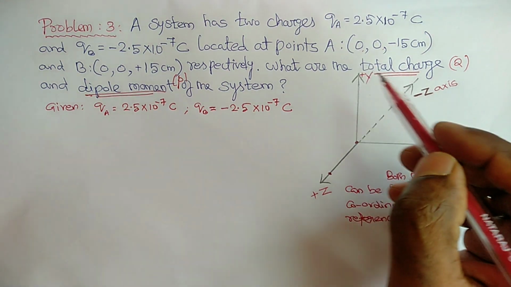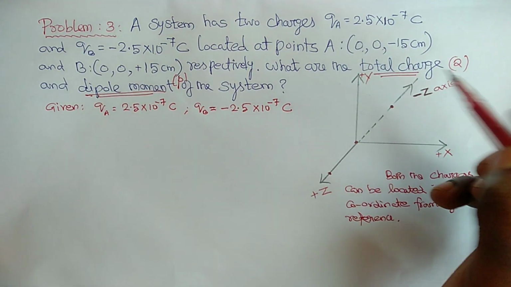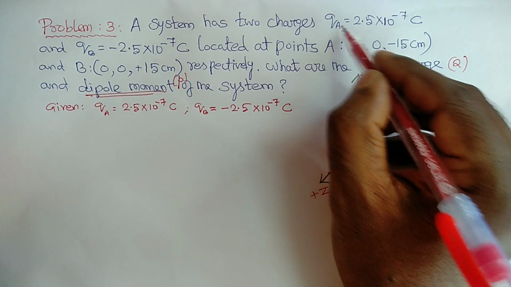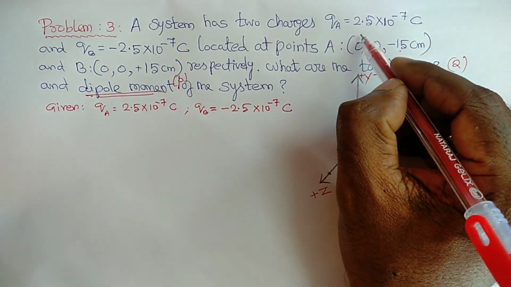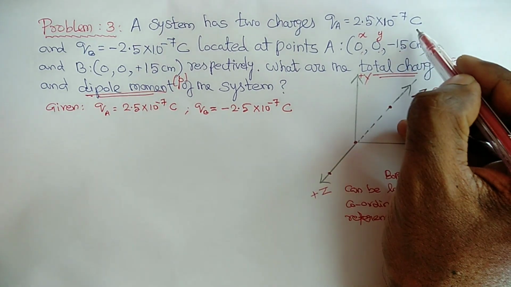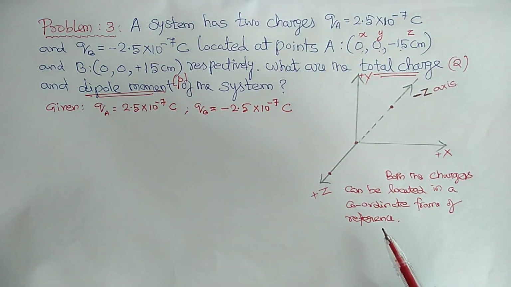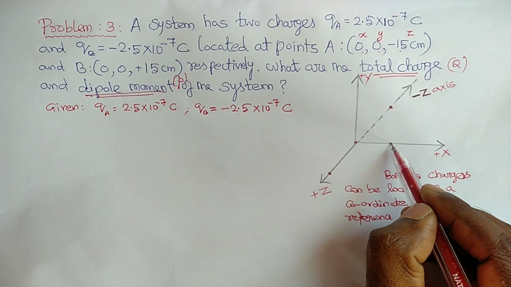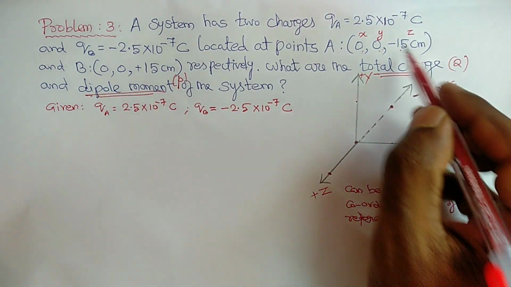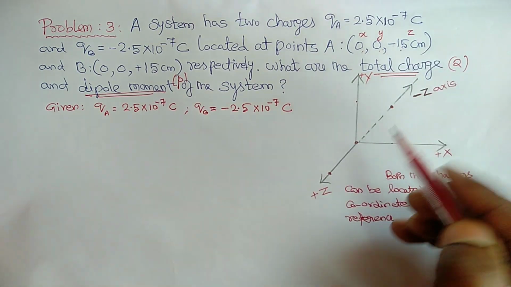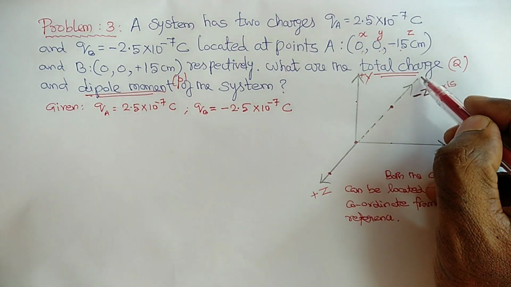First we have to consider the charge at point A, located at 0, 0, minus 15 centimeters. So x, y and z. At the x-axis 0th position, y-axis 0th position, and on the z-axis negative 15 centimeters. So this is the positive z-axis, this is the negative z-axis.